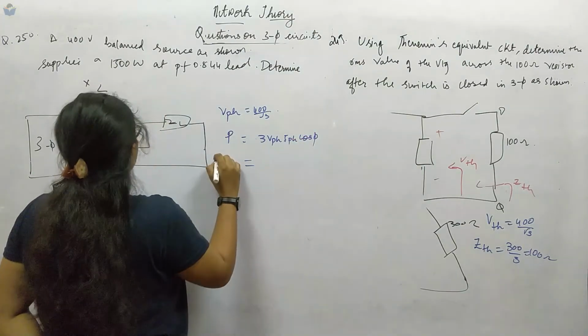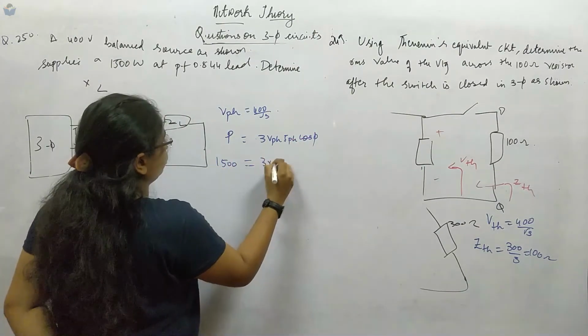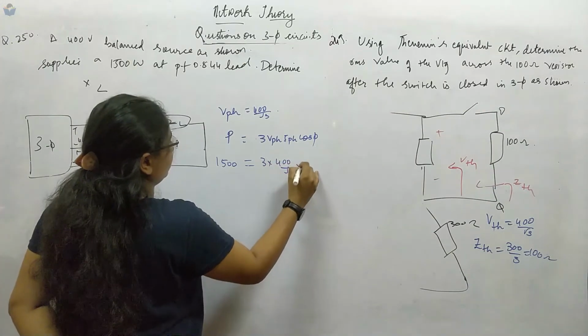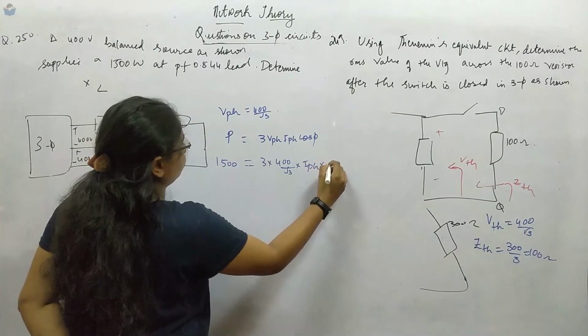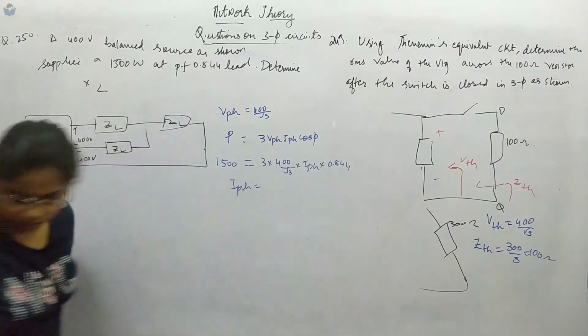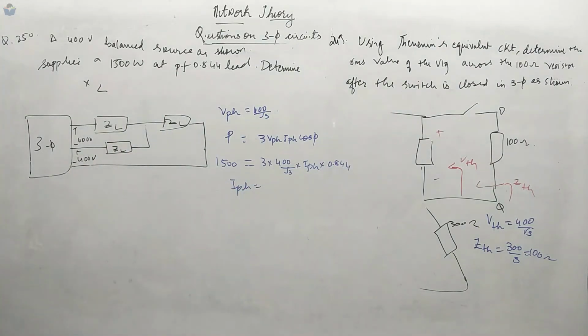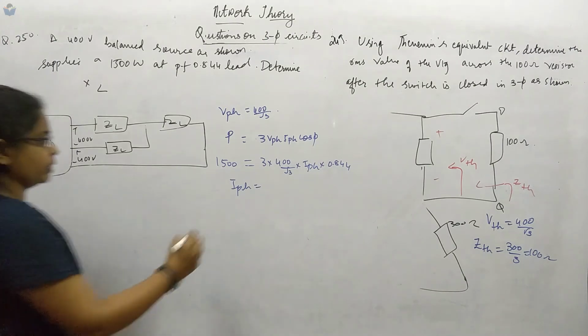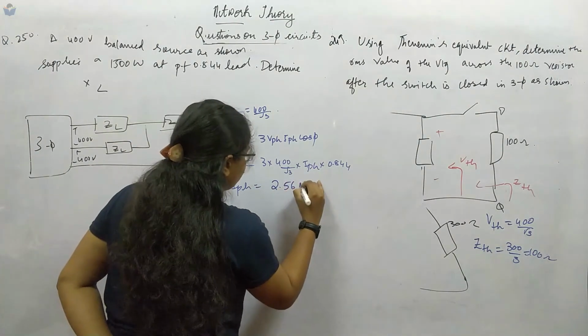So the power is 1500, equal to 3 into 400 by root 3 into IPH into 0.844. So our IPH will be equal to 2.56 amperes.